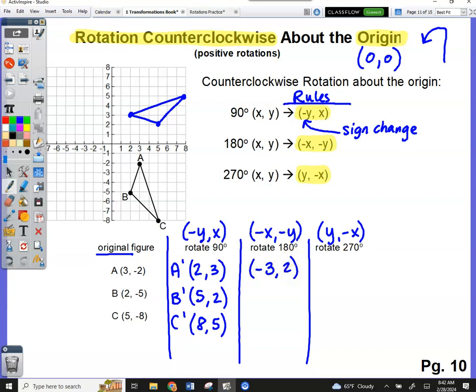See that? B double prime would be negative 2, positive 5. C double prime would be negative 5, positive 8. Then graph it.